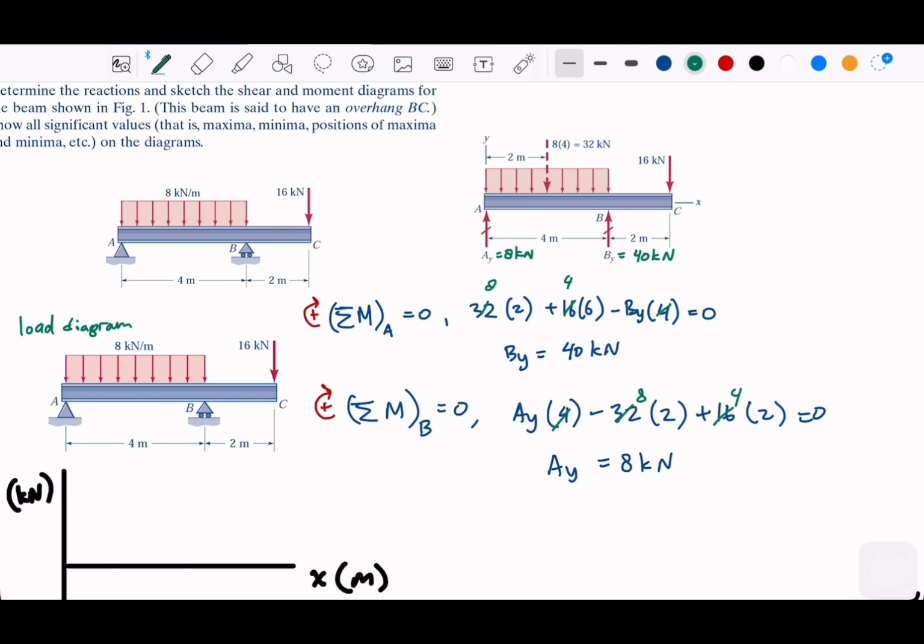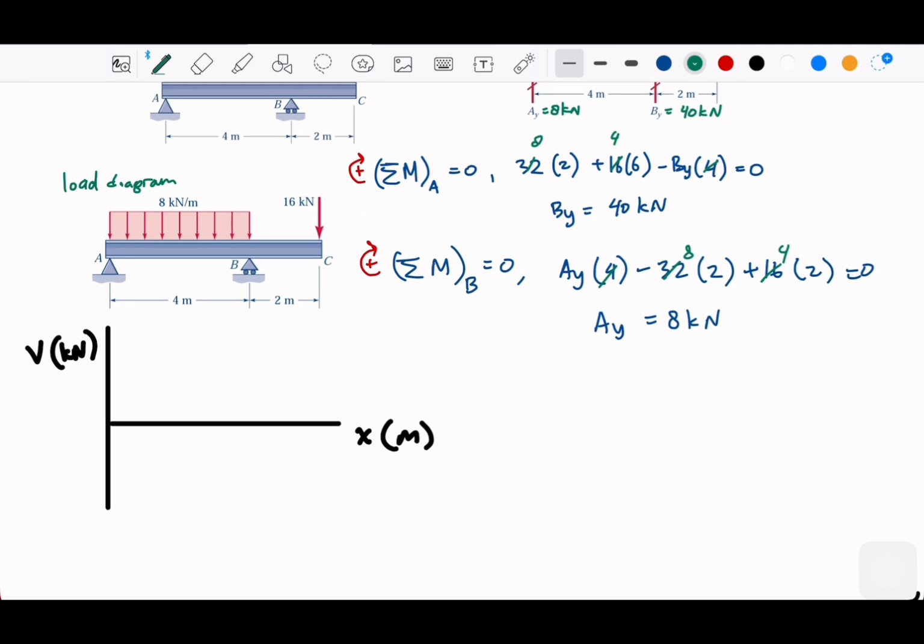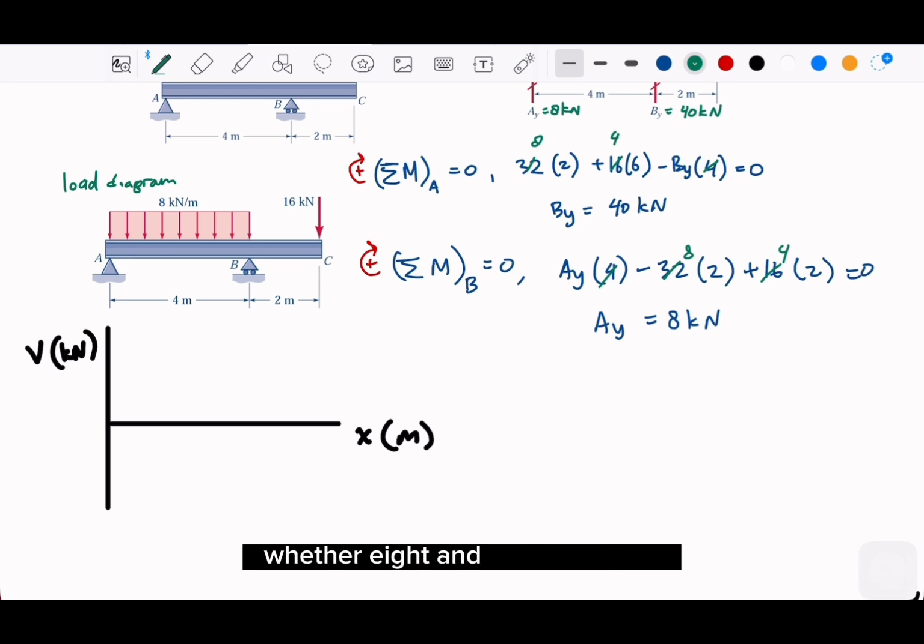I think we need to put that here. Now first, only if you want to check whether 8 and 40 is correct, you can check back to the diagram. If they sum to 0, then it's correct. Okay, so we move here.